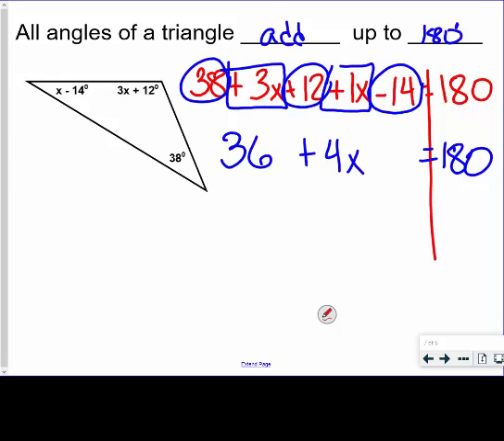You subtract 36 from 180, and you get 144.